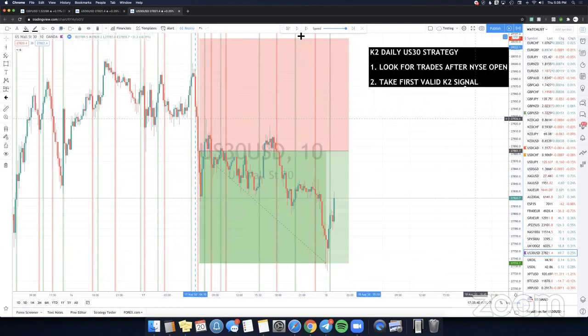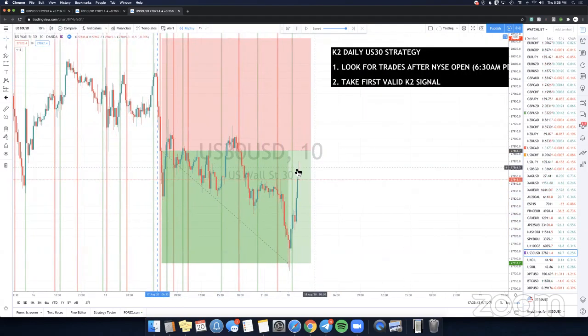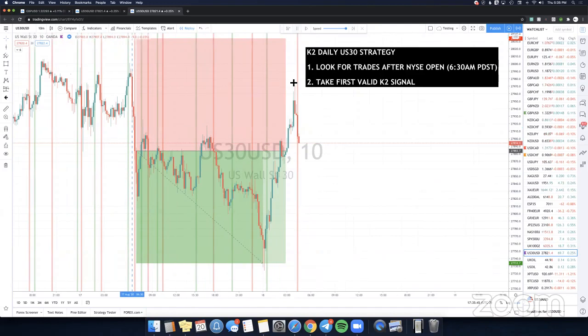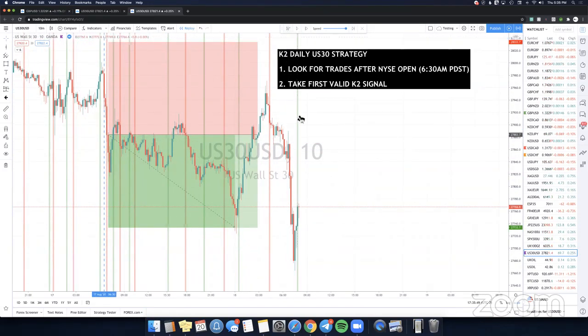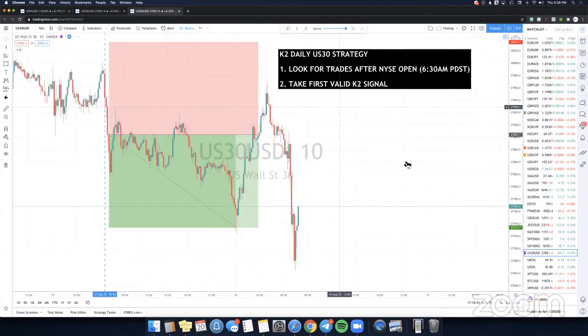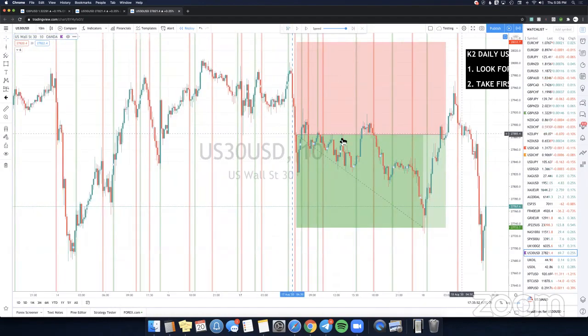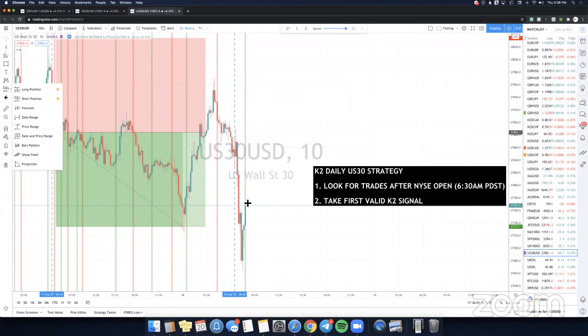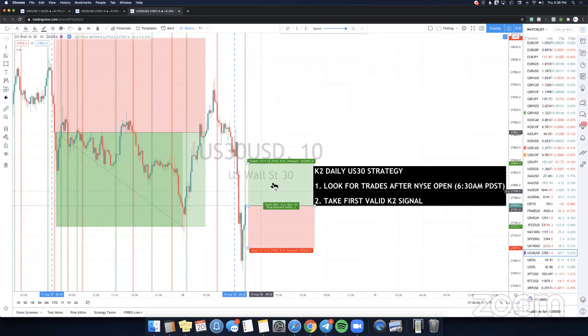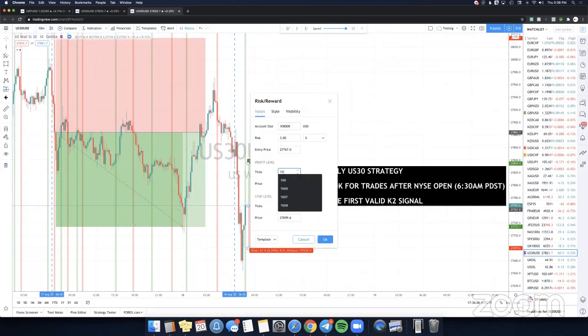And then if we keep running it farther, we'll move it to the 18th. And then again right here, same strategy. 6:30 a.m., which was right here. First valid signal is right there, enter a buy. 1,500 pips.